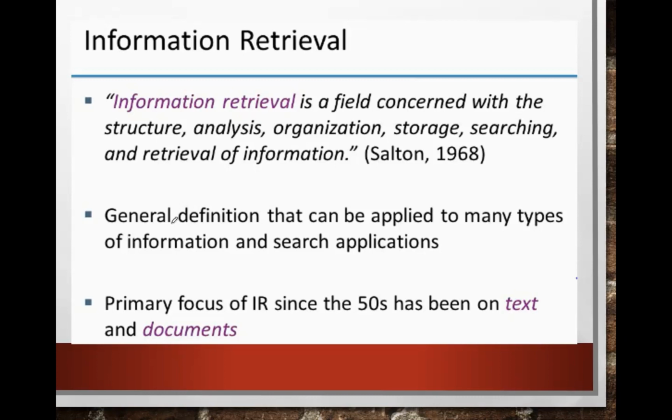Users are able to query all the information that the administrator has decided to index with a single search. Whatever we want, we are able to get because of information retrieval systems. The primary focus of information retrieval is text and documents.